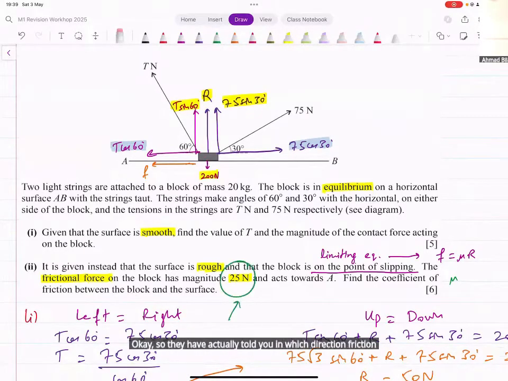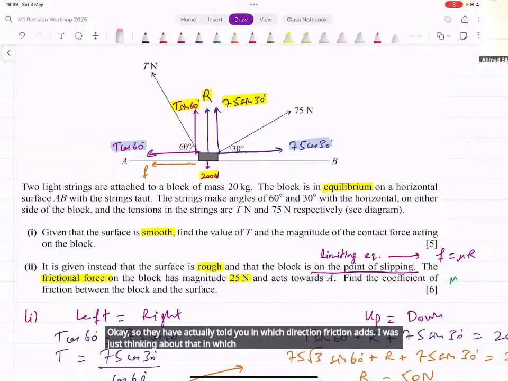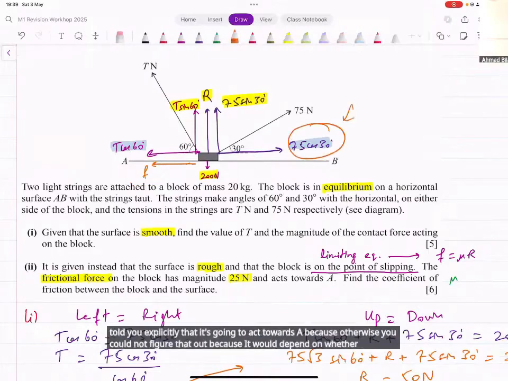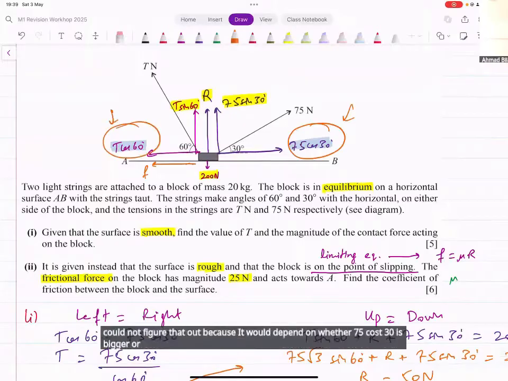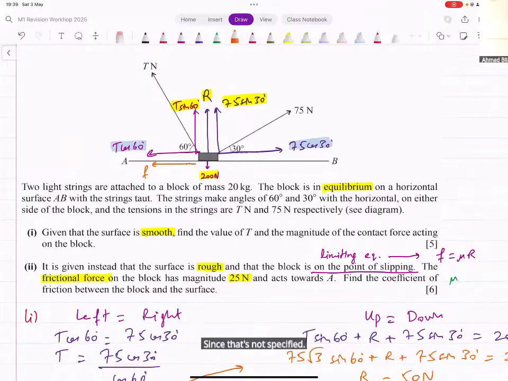They have told you explicitly that it's going to act towards A, because otherwise you could not figure that out, since it would depend on whether 75 cos 30 is bigger or T cos 60 is bigger. Since that's not specified, they have told you the direction of friction. So it's acting towards the left side.